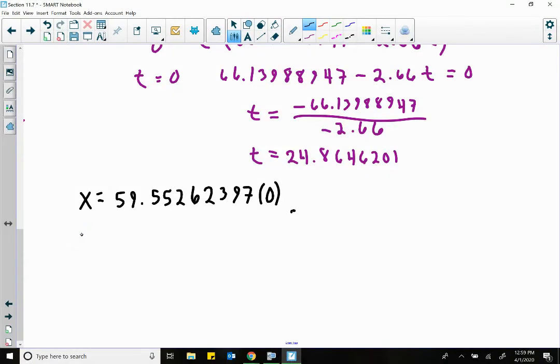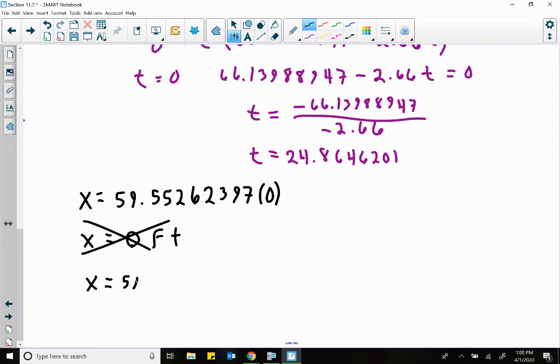Well, you know that that is 0, because anything times 0 is 0. So one of our answers could be 0 feet, but that doesn't make any sense because we did throw the ball. So this answer actually gets thrown out. So that means this other one will be our answer.